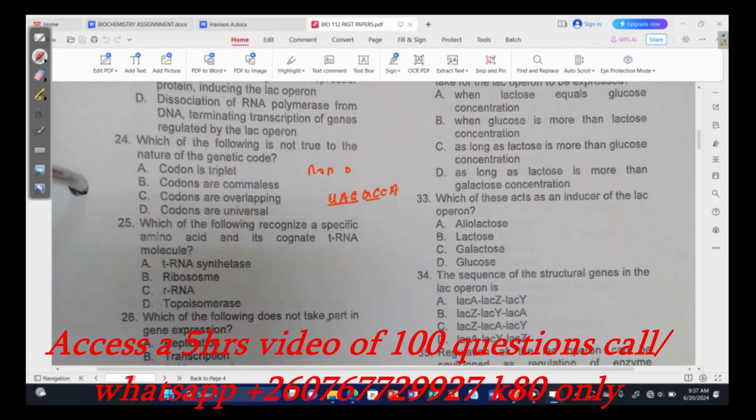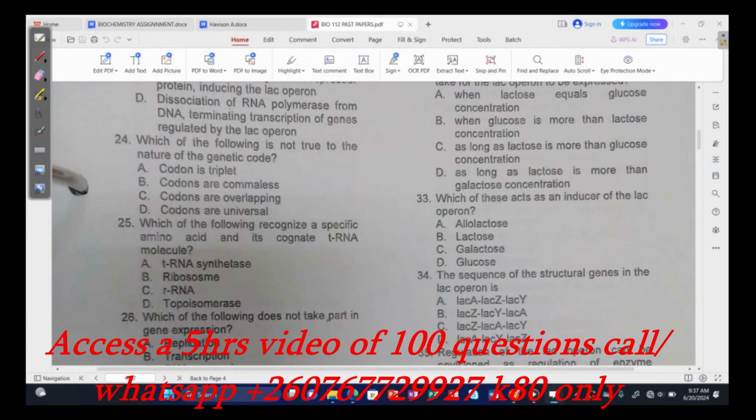So if we say the codons are overlapping, what it means is that you can have U here, then let's say you have another U there, then C there, forming UCA. So that is overlapping. The bases are not jumping, so they don't overlap. It's non-overlapping. So C is a false statement with regard to genetic code. So hence, C in this case is the correct answer.